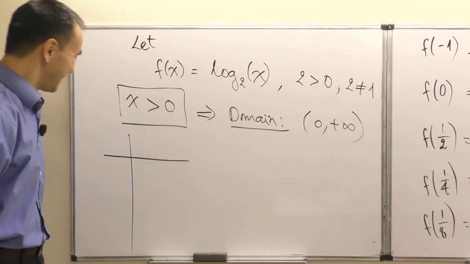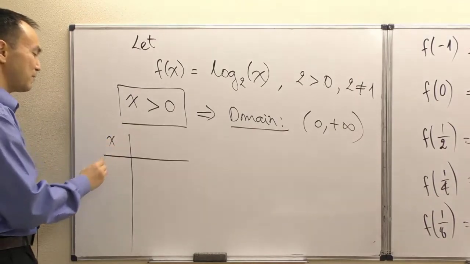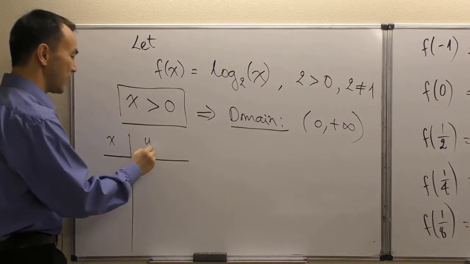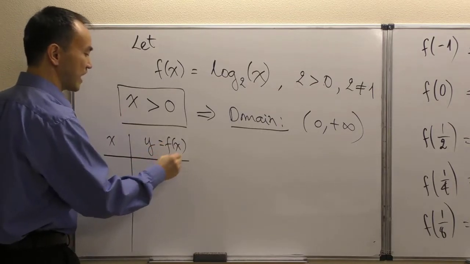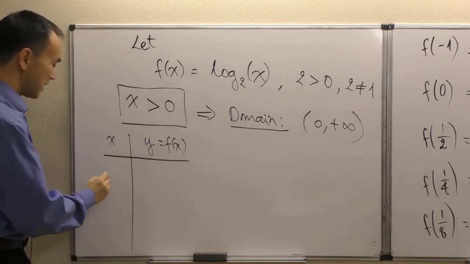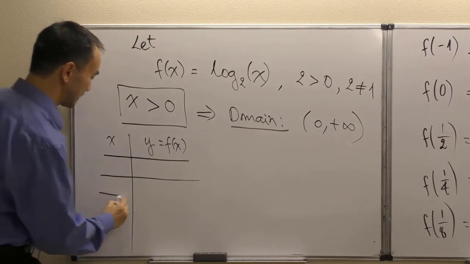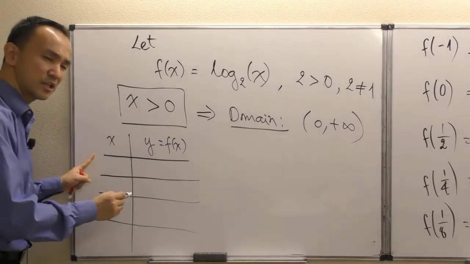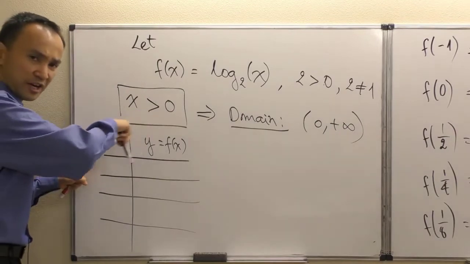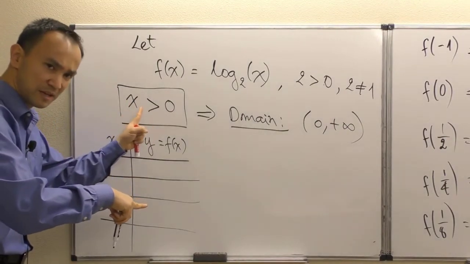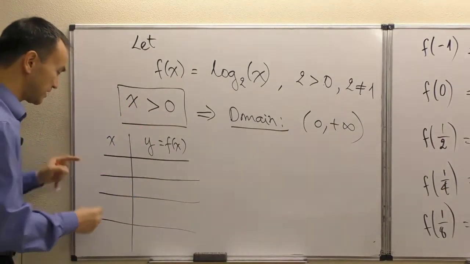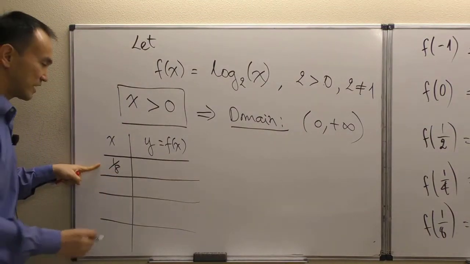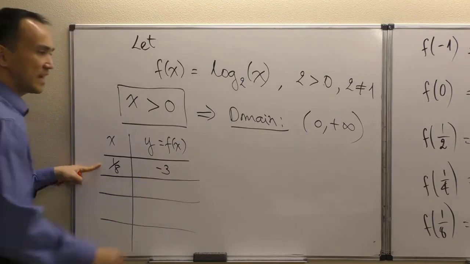All right, so for inputs, and then for the y value here, that's the function output, f of x. I went as low as 1/8 for the inputs, and of course, we already agreed that the input has to be positive, and I came out with -3 as the output.